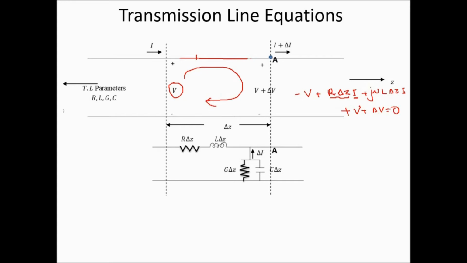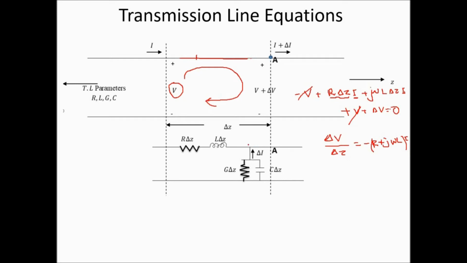So V plus delta V, you can cancel out this one. So I will come up with delta V over delta Z equal to negative R plus negative j omega L times I.